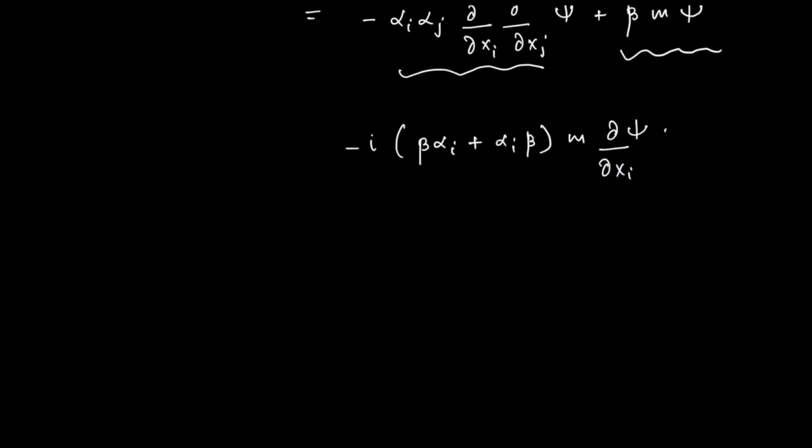So these will be the cross terms. These cross terms appear as alpha and beta are matrices, and it is not necessary that they commute.